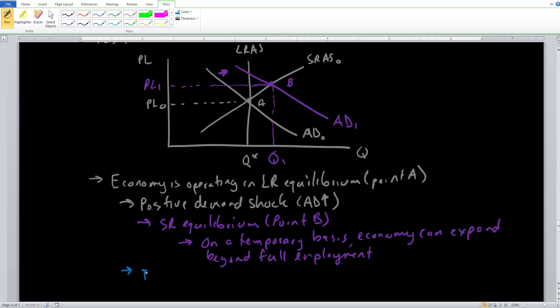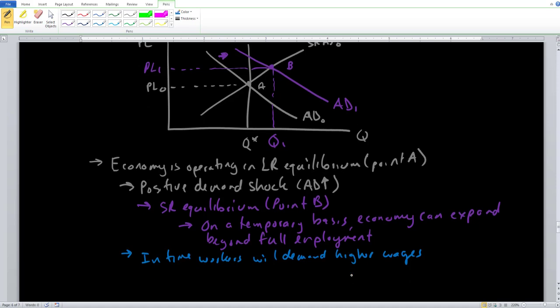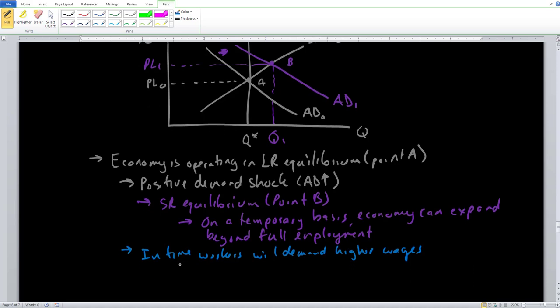So over time, workers will demand higher wages. And as the workers demand these higher wages and as firms have to grant them to them, it's going to increase the cost of prices of goods because the cost of inputs have also gone up.